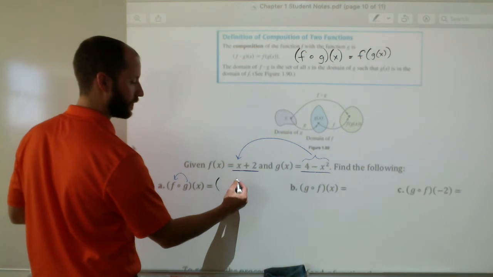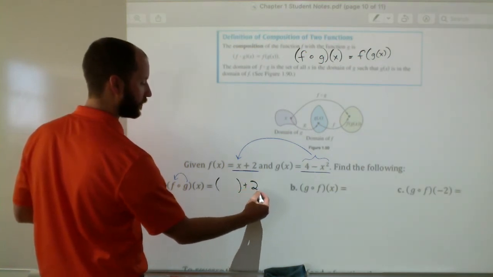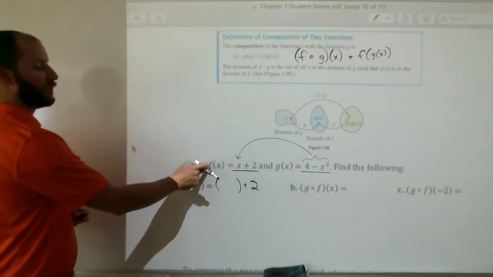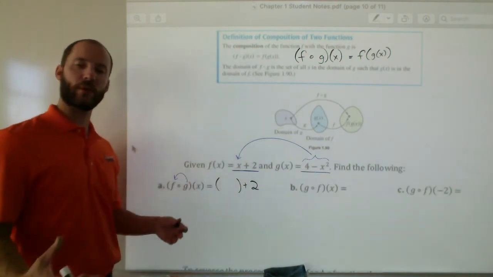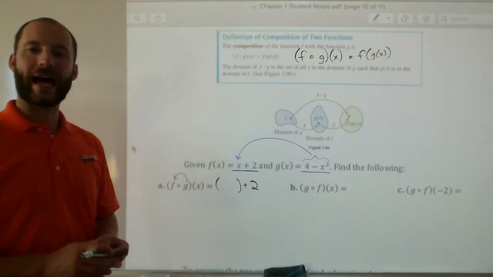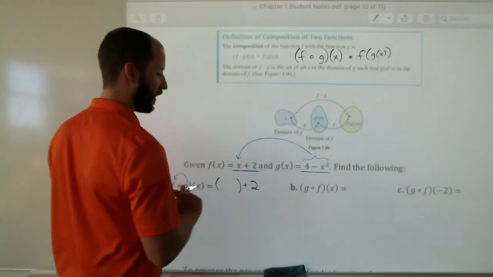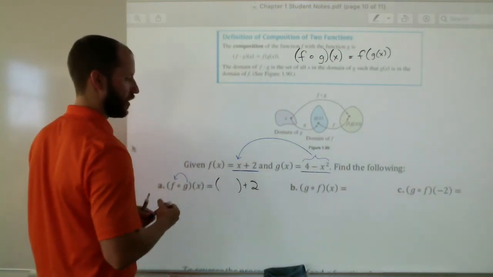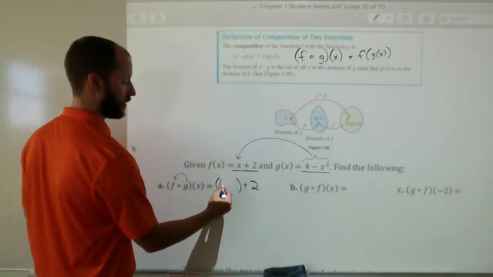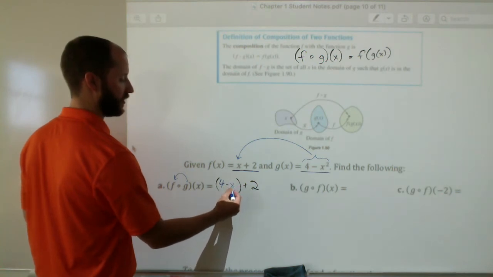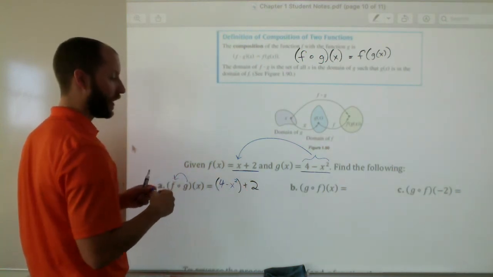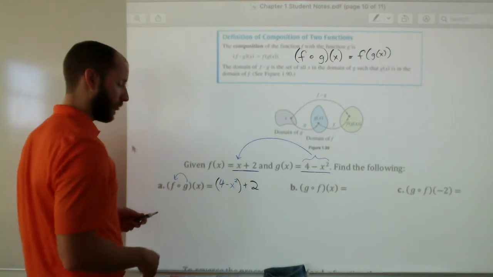So the rule for f of x is x plus 2. You take whatever your input is, you add 2. Well, now our input is a function. So, 4 minus x squared.